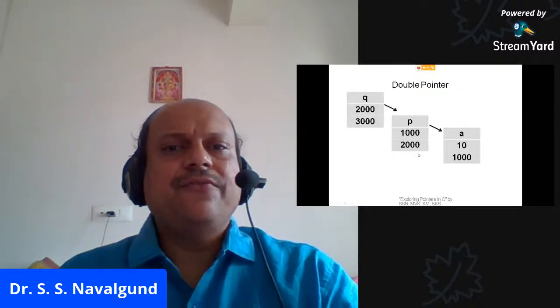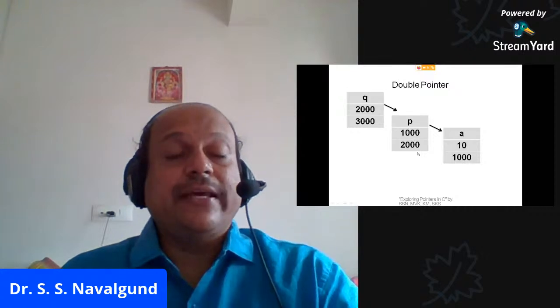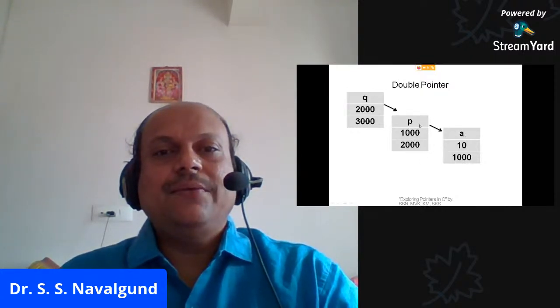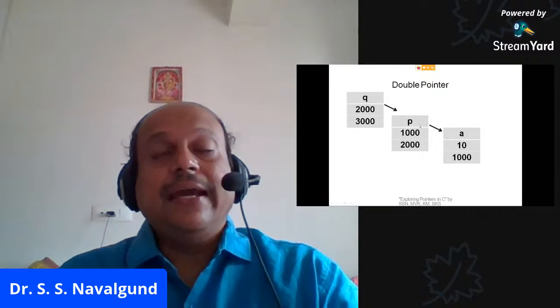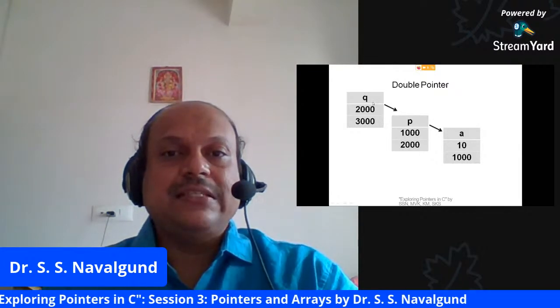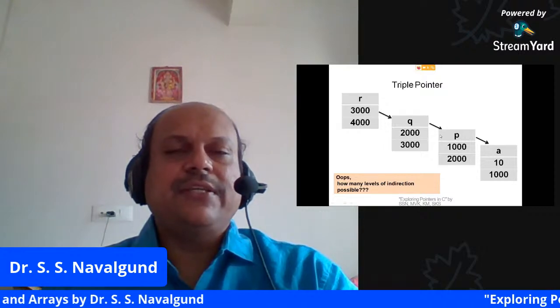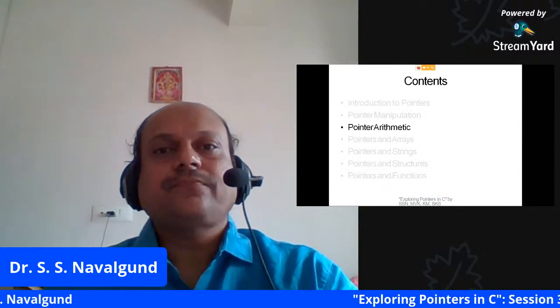Then we looked at the conceptual diagram where variable a is being pointed to by pointer p, which is a single pointer, and p is being pointed to by q, which is a double pointer. And the concept of triple pointer also we have seen in the last class.